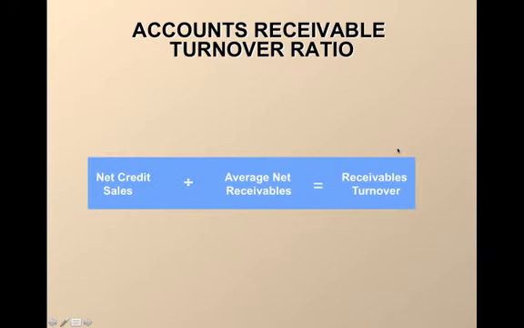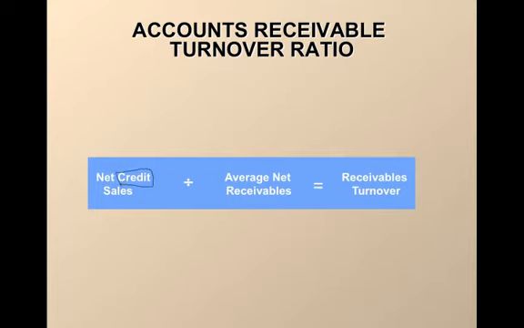Now the accounts receivable turnover ratio talks to us about how quickly we can make our collections. And this one's not in the basis of time. So we're going to take our credit sales, and again, we're not going to take all sales because some sales are made by cash. So we only want credit sales.